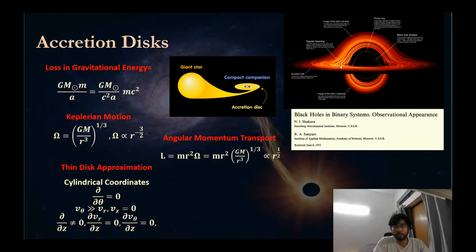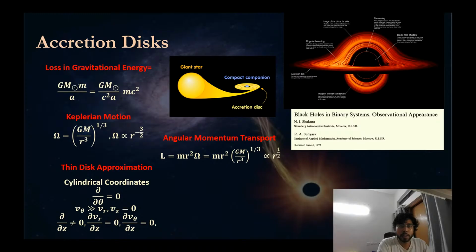So in our Bondi flow, if you remember, our assumption was that V theta and V phi were zero, right? But in this case, V phi will not be zero. In fact, V phi would be much, much greater than VR, right? We'll come to the assumptions, but let us first look at some phenomenology.